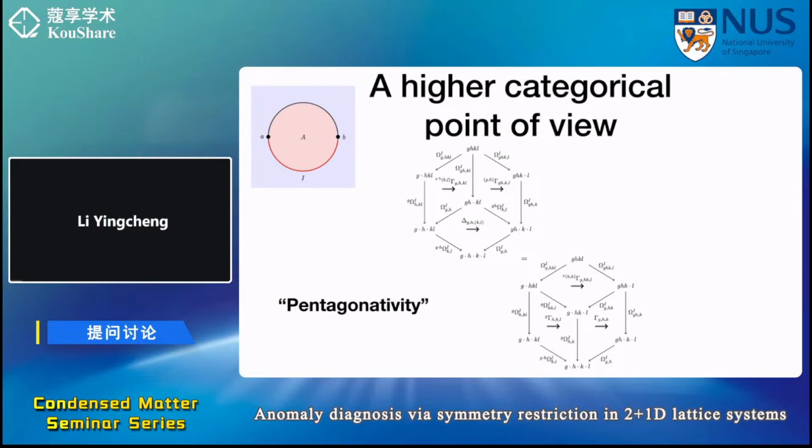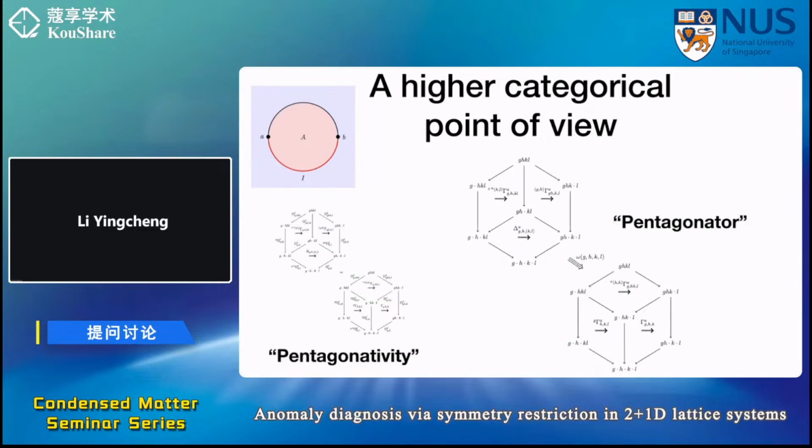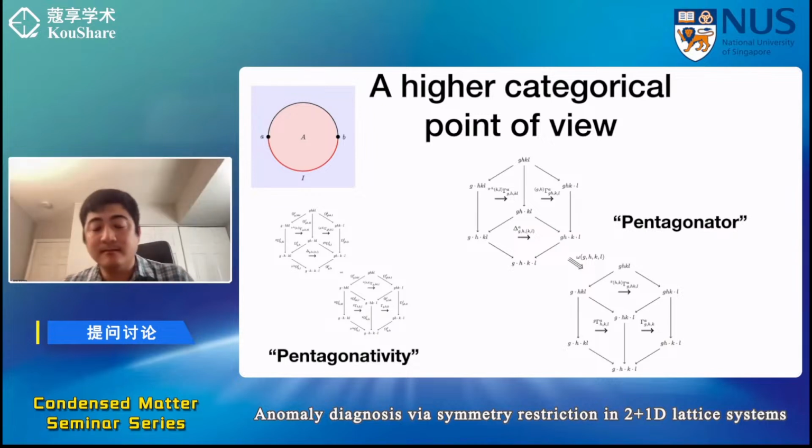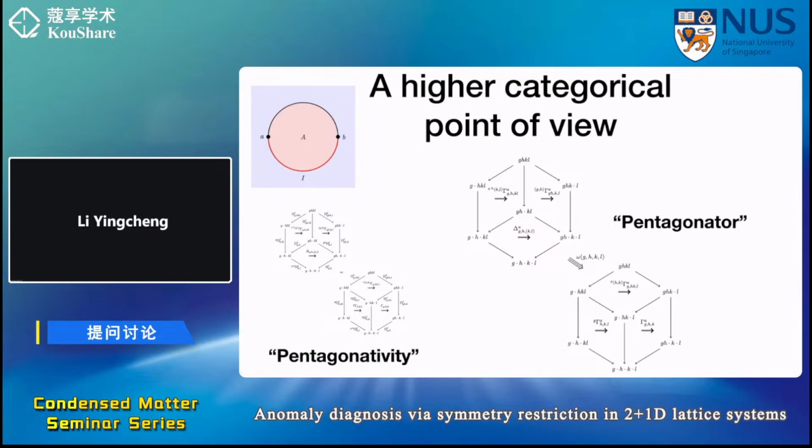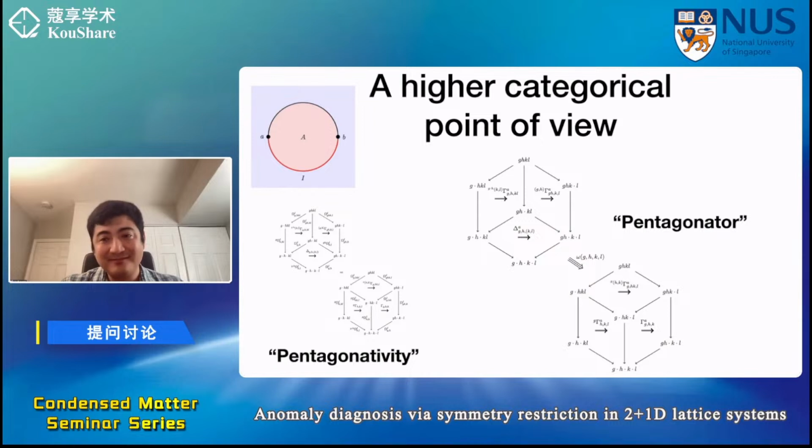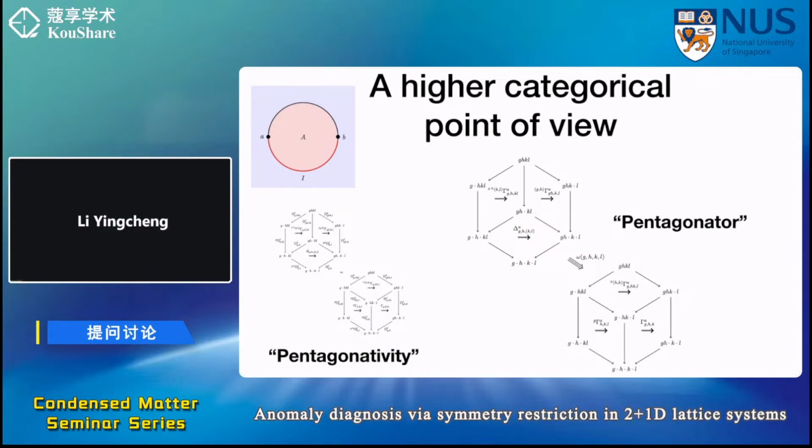Then I'm still curious how this pentagnator is related to the symmetry defects on the 2+1 dimensional boundary. It seems that on the 2+1 dimensional boundary you can have symmetry defects that have pentagon identity. Is this pentagnator related to that, or are they different things? Yeah, absolutely.